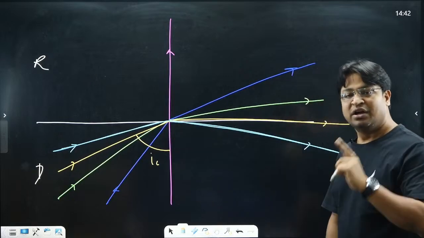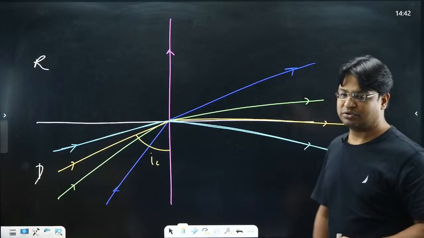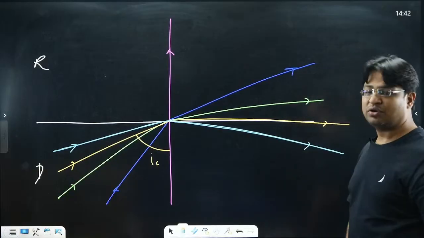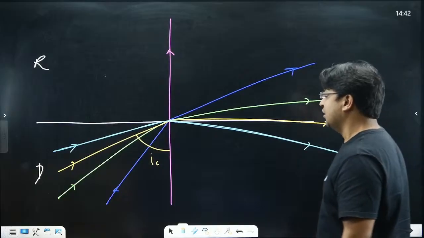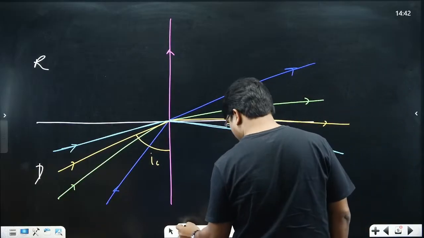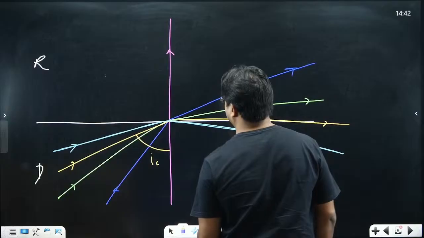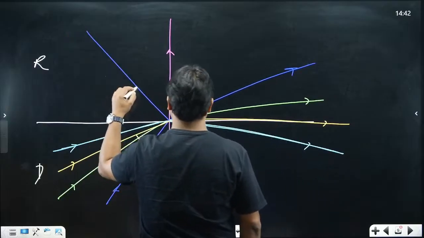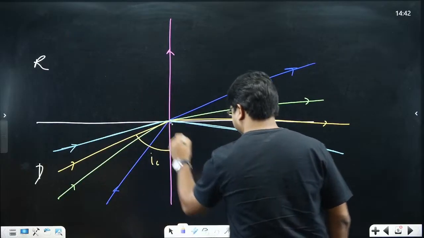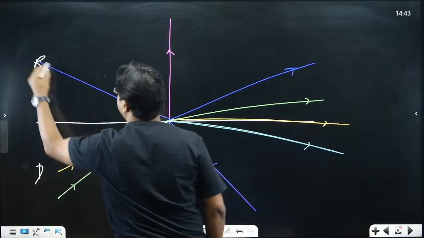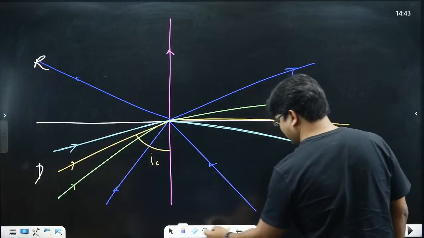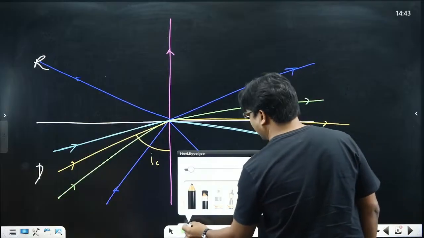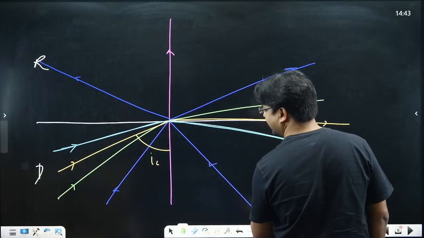This reflection will follow the normal laws of reflection also, and this reflection is called total internal reflection. So what is happening is that, again, the cone is mapping into a hemisphere.